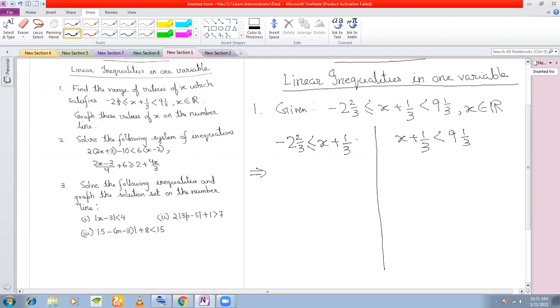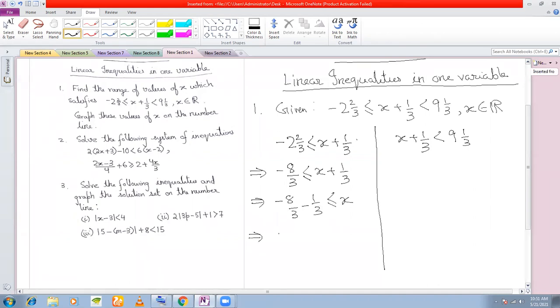So now we are going to solve this. The mixed fraction is changed to improper fraction: minus 8/3 less than or equal to x plus 1/3. So now this becomes minus 8/3 minus 1/3 less than or equal to x.